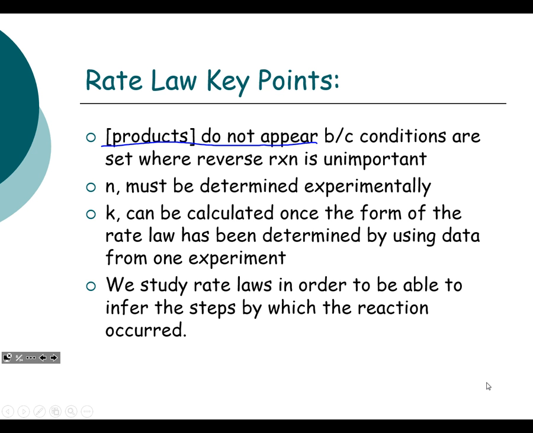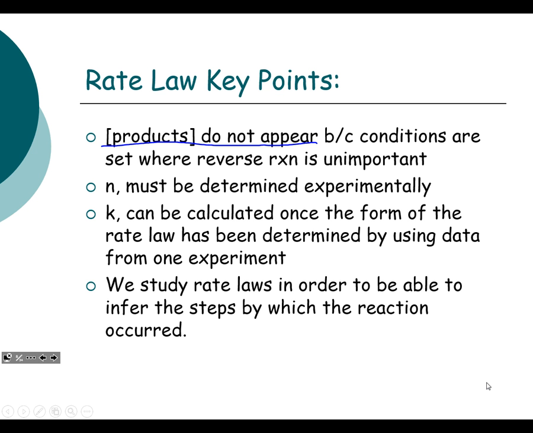There can be even steps that occur in between our initial step and our final step that we never even see and we don't ever write a chemical reaction for, but they're part of the mechanism by which this reaction can occur. And so that's why we study rate laws, so we can figure out what was the mechanism. How did A plus B become C? What happened in that beaker?